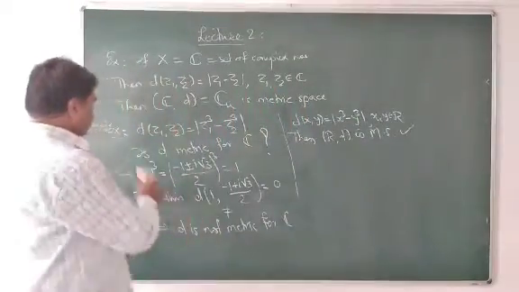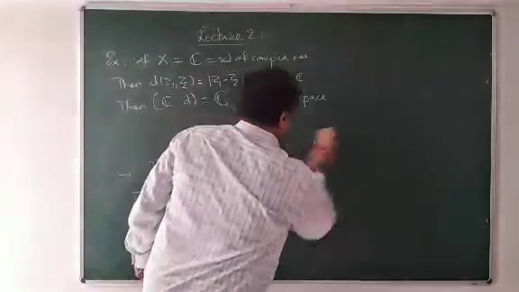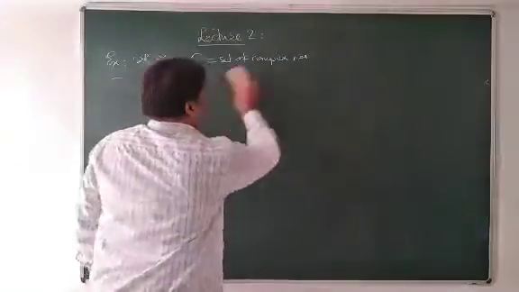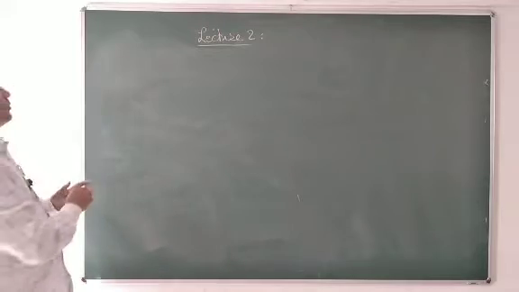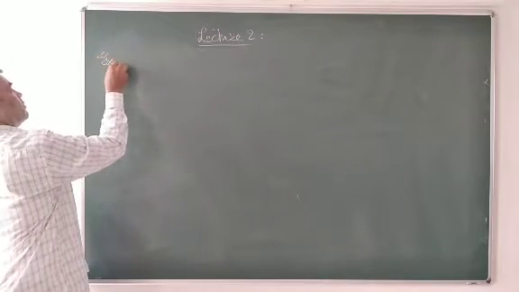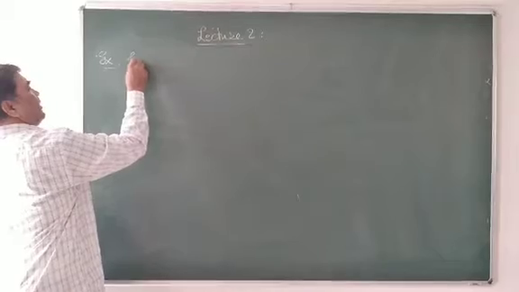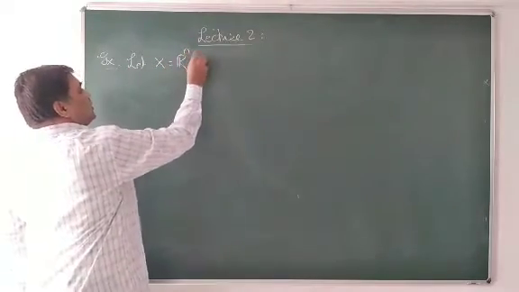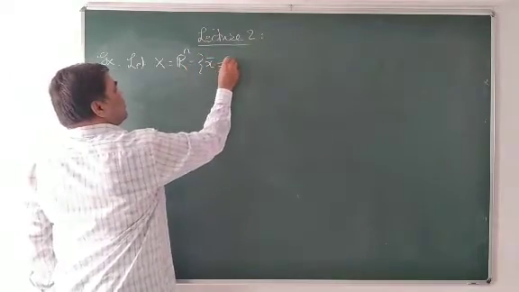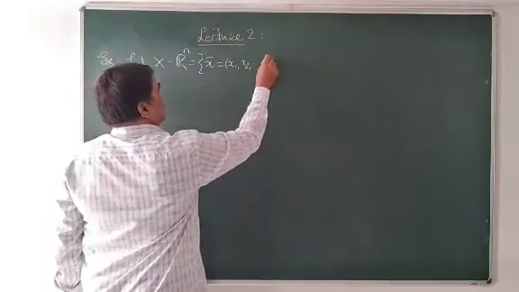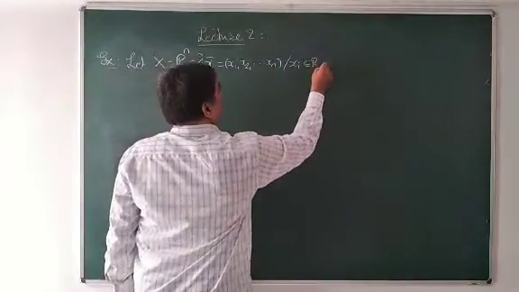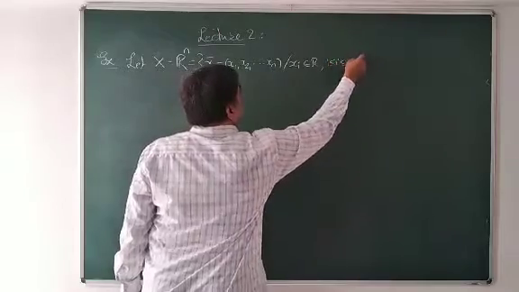Okay, now we'll study some metrics on R2 or the XY plane. Let X is equal to, or we'll take directly, Rn. It is the set of vectors x bar is equal to (x1, x2, up to xn), xi belongs to R, 1 less than or equal to i less than or equal to n.